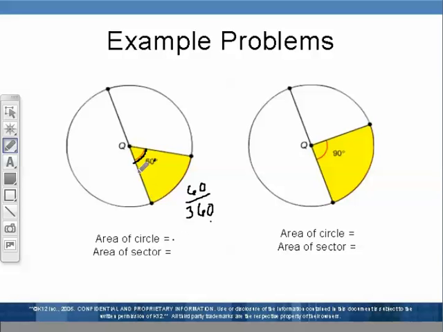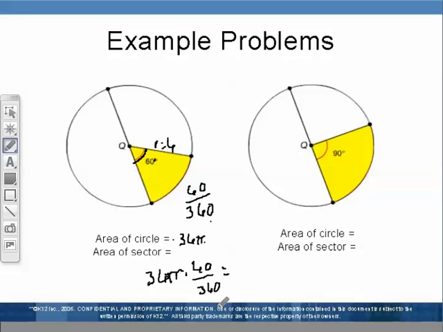Let's say our radius was 6, and the area of the circle is 36 pi. Then I could take this 36 pi and multiply it times 60 over 360.